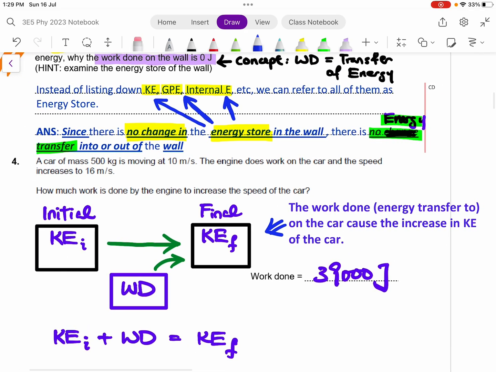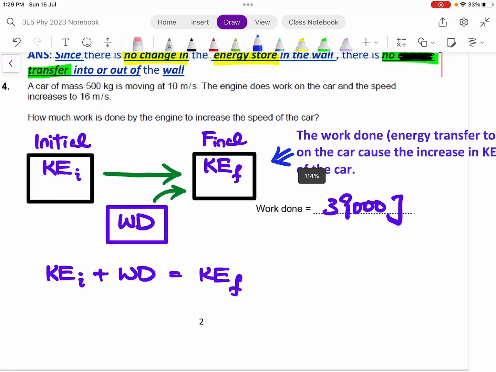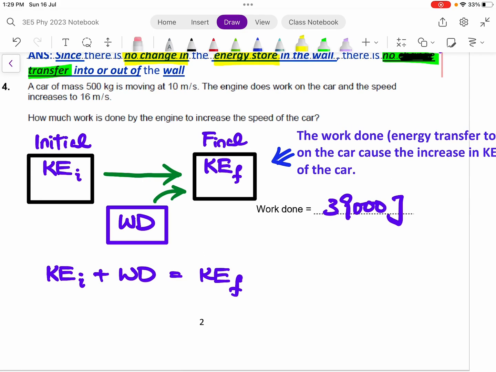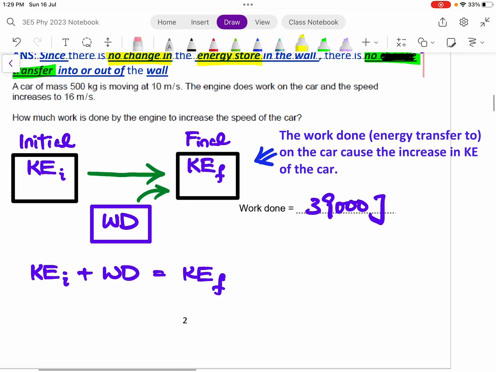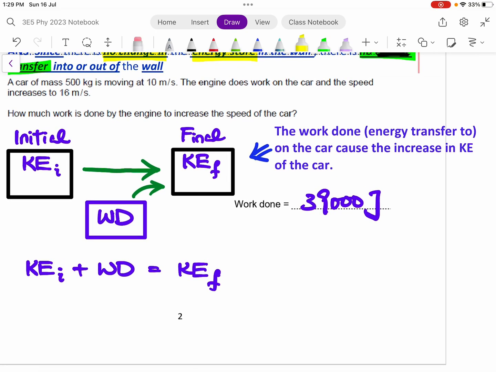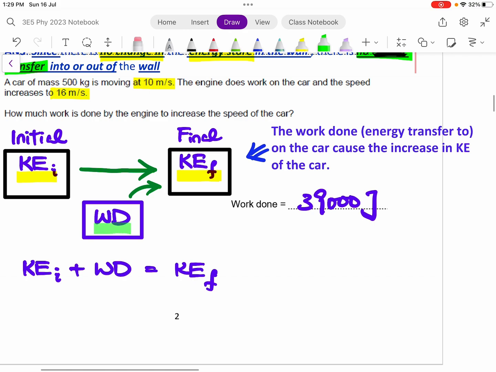Okay, then finally for question 4, the common mistake is that you guys are unable to visualize how the context becomes energy conversion. The context says that a car initially moving at 10 meter per second somehow increases its speed to 16. Many of you are able to tell me that the initial kinetic energy must gain some energy in order for the kinetic energy to increase, and that it must come from an external source, maybe chemical potential energy.